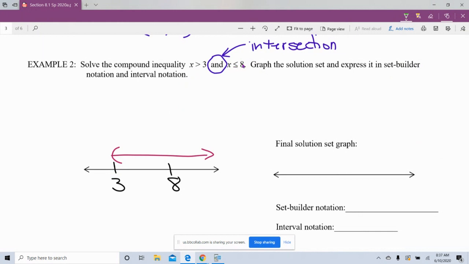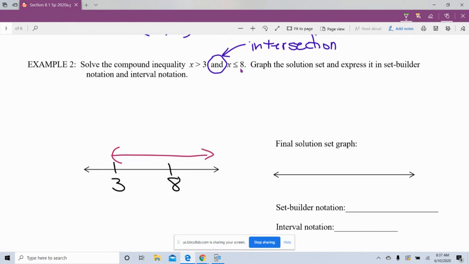So where are the numbers that are indeed less than or equal to 8? Well, first of all, the boundary number 8 itself will satisfy this because of the or equal to. It says 8 is less than or equal to 8, and that's true. So 8 does have to be part of the solution set.